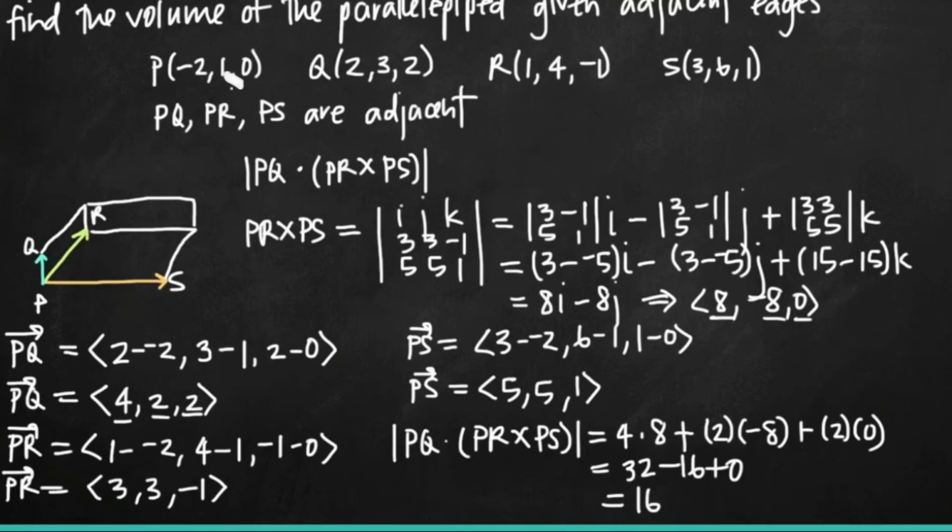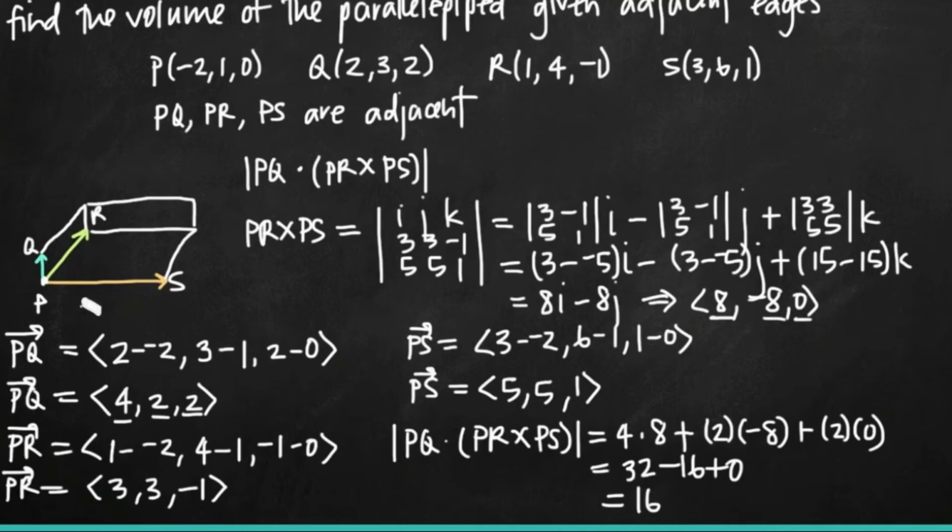Now get the volume. We shall be required now to get the absolute value of the triple scalar product, where we shall have the dot product of components of P2 dot the components of the PR cross PS, where we multiply the components of these 2 vectors together, so that we get 4 times 8.